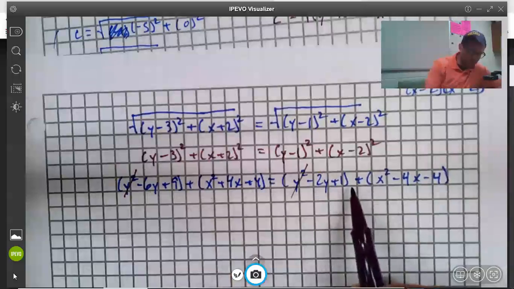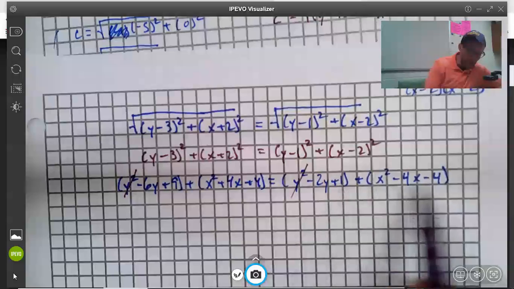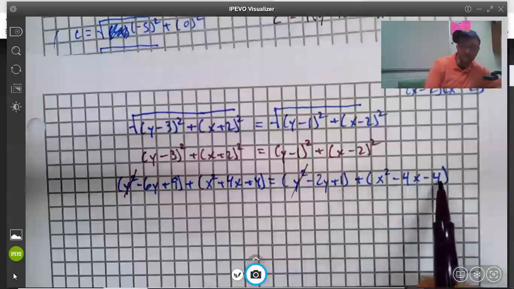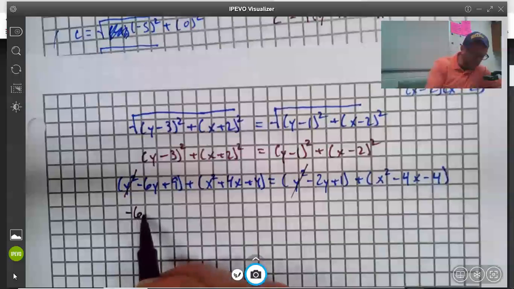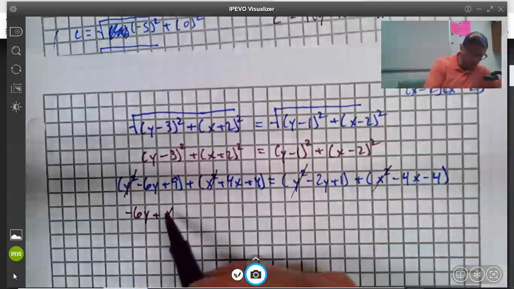And over here I have 1 and negative 4, which makes negative 3. I can just cross out the x squareds too.